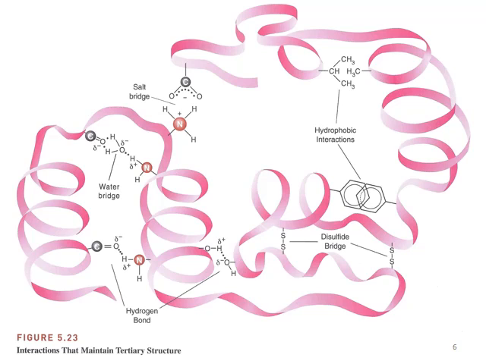So these are the kinds of interactions that are going to help contribute to tertiary structure. Thus far, we've talked a lot about secondary structure. Recently we've been talking about how a lot of secondary structures linked together and folding in upon itself form tertiary structures. Well, here are some interactions very important for tertiary structures: the disulfide bridges, the hydrophobic interactions, salt bridges, water bridges, and hydrogen bonding.